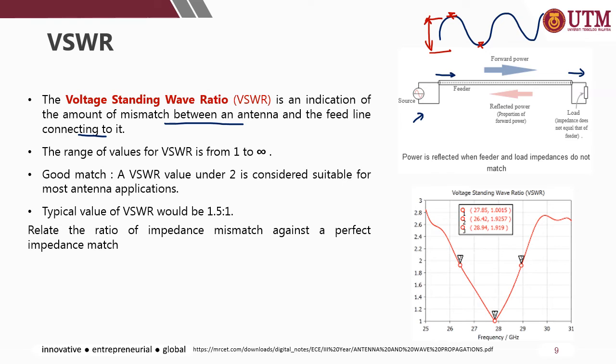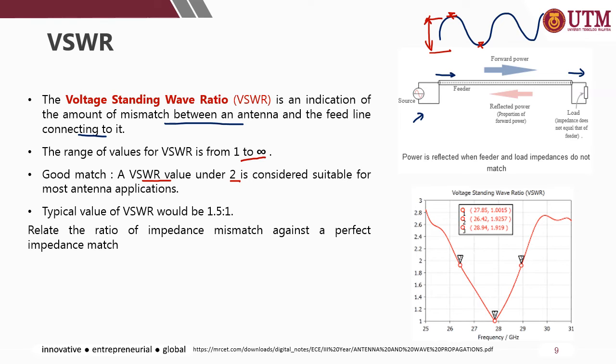Okay, the VSWR ranges from 1 to infinity. A good match antenna can be determined when the VSWR value is under 2. Usually the common VSWR will be less than 2, from 1.5 to 2, and when the VSWR is higher than 2, the antenna is considered poorly matched.